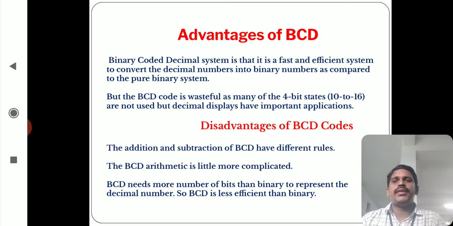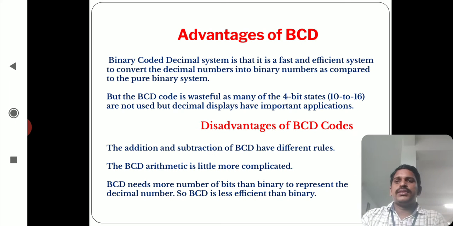But the BCD code is wasteful, as many of the 4-bit states, that means 10 to 15, are not used, but decimal displays have important applications. For example, you represent 0 to 9 values, which are equal to the binary numbers, but the other states are not used.